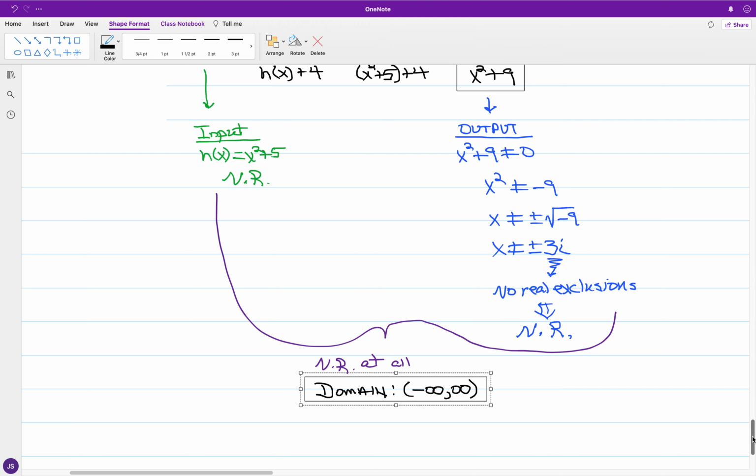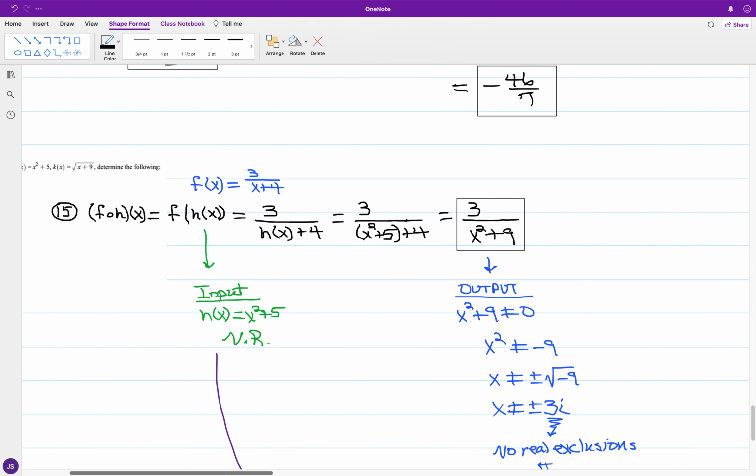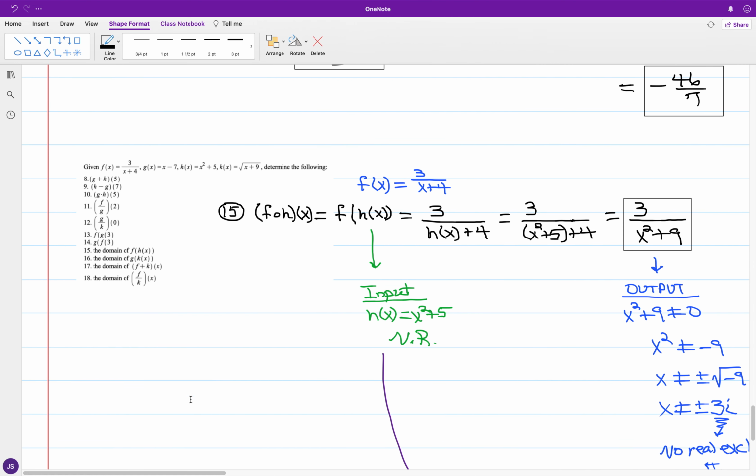All right. Now, for the case in number 16, we're looking for the domain of g composed with k of x.